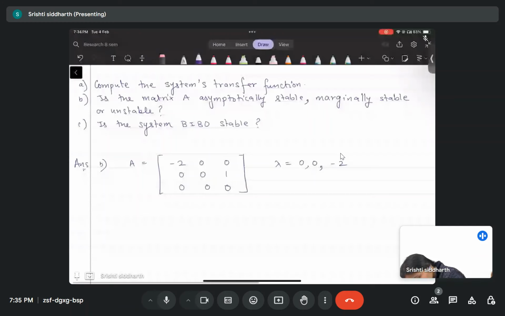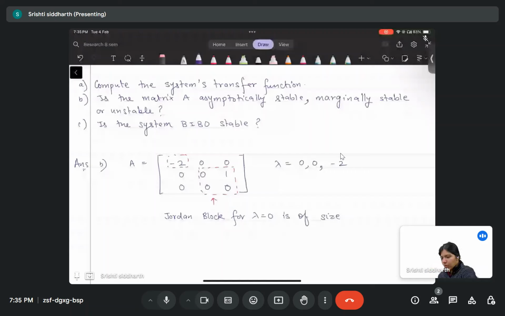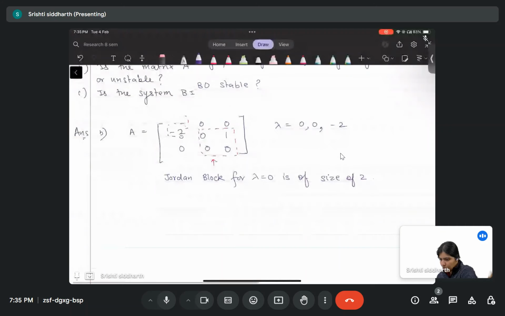The Jordan block of lambda equals 0 is of size 2, so the algebraic multiplicity is 2 here.